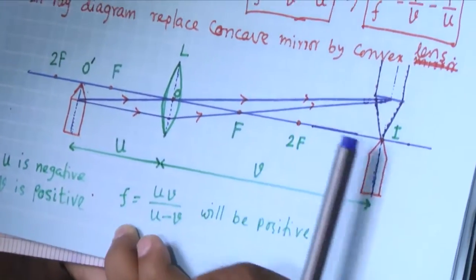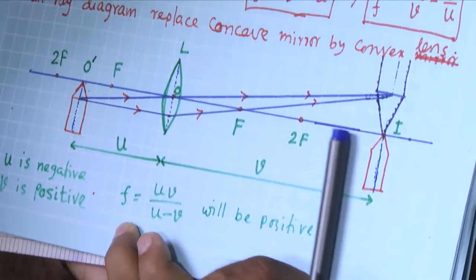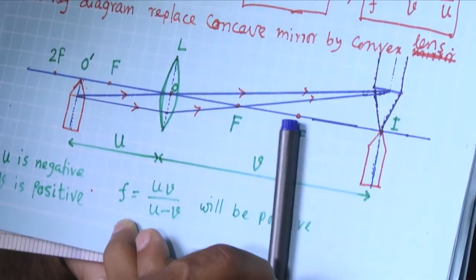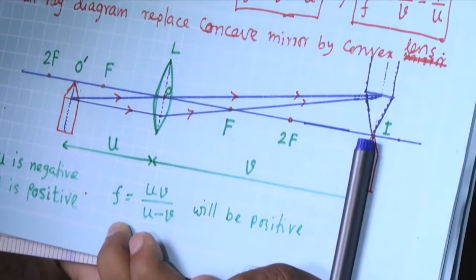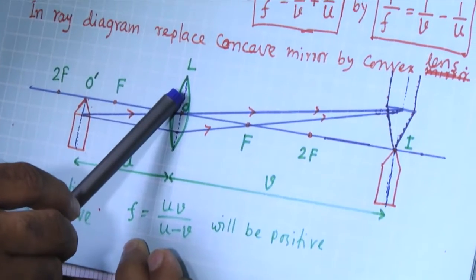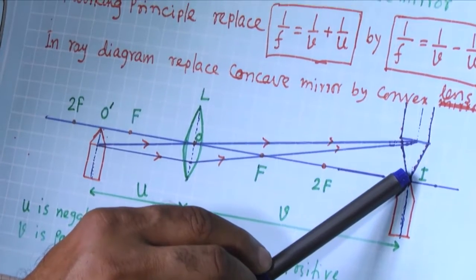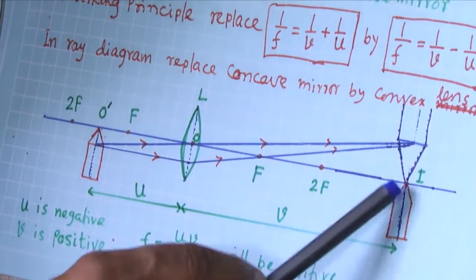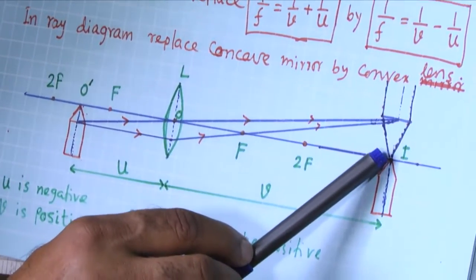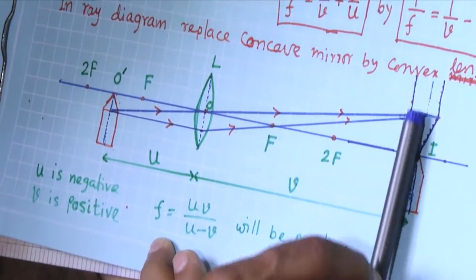You have to change the position of the object needle in such a way that the inverted image you see through this lens and the tip of the object needle are aligned.